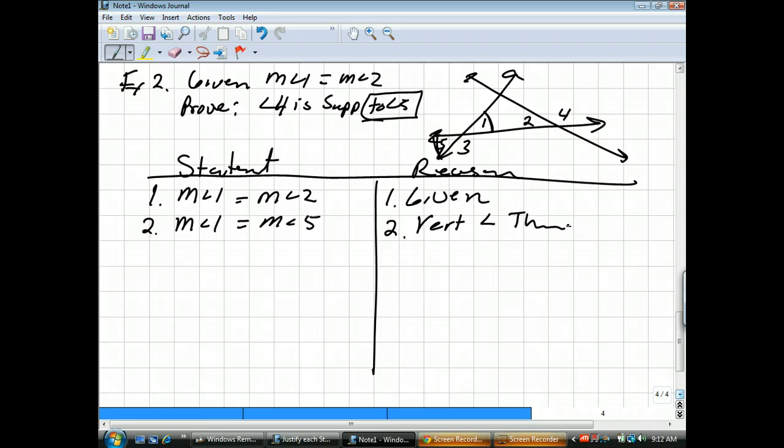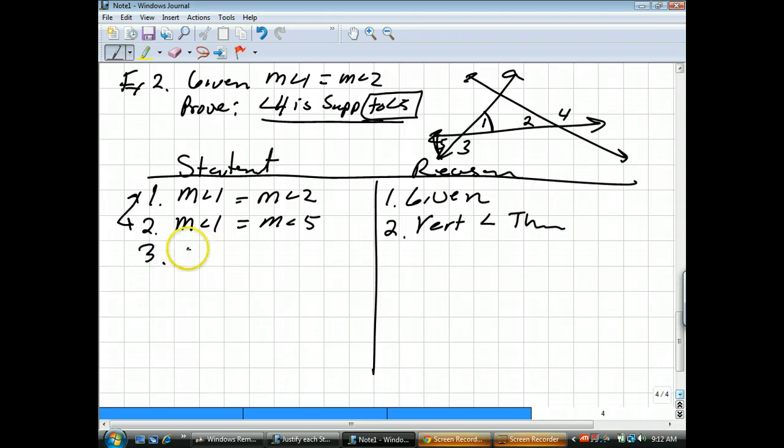Okay? So now I can say, using line 1 and line 2, because remember I'm trying to get angle 5 related to angle 2, because angle 2 is supplement to angle 4. Okay, and that's where I'm headed for. I need 4 to be supplement to 5.